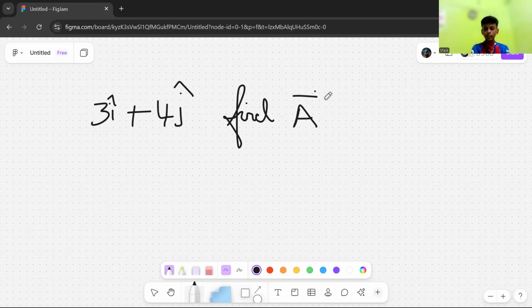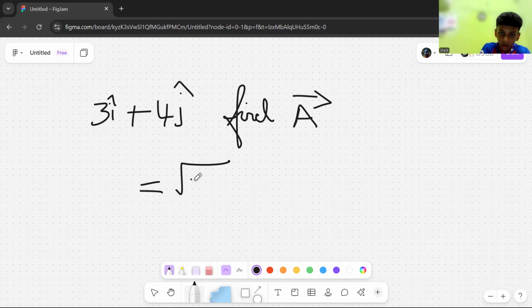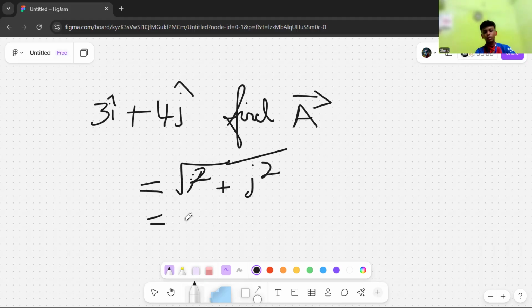So what we have to do is substitute the same formula, which is equal to root of i square plus j square, which is equal to root of 3 square plus 4 square.